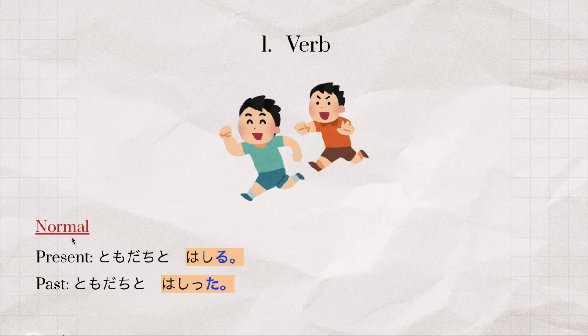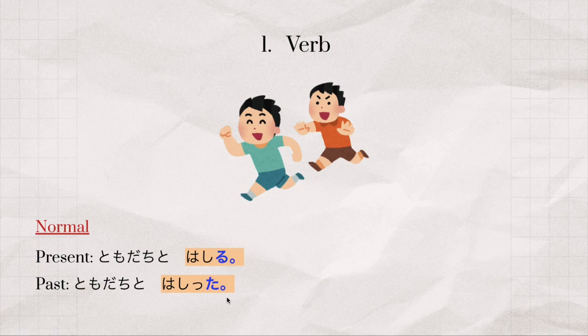Again, normal form is used when you are talking with your family members or your friends, which means people who are close in your relationship. So 走る is the present tense, 走った is the past tense.